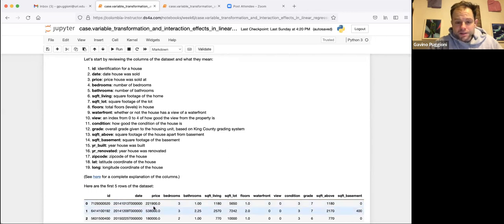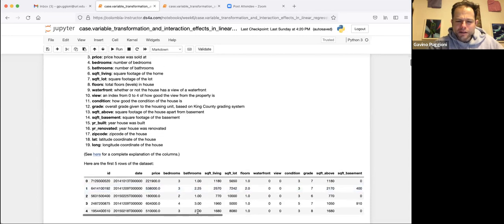Then we have the price. For instance, the very first house was sold for $221,900, and it was a house with 3 bedrooms. That's the next column. And then you have bathrooms, how many bathrooms that house had.